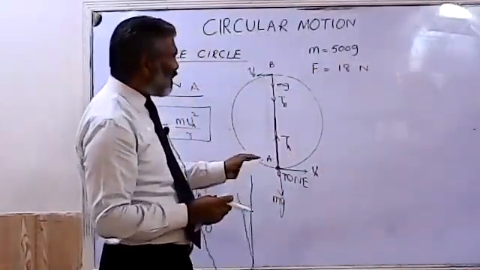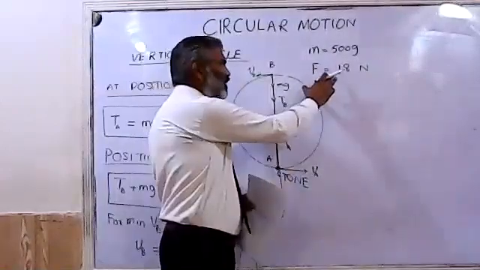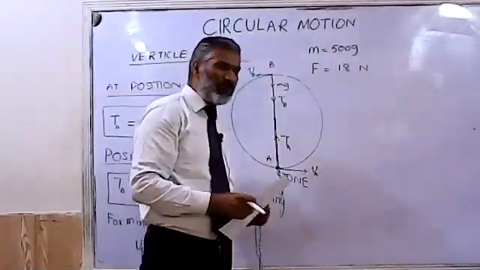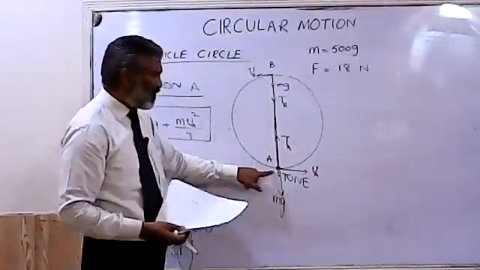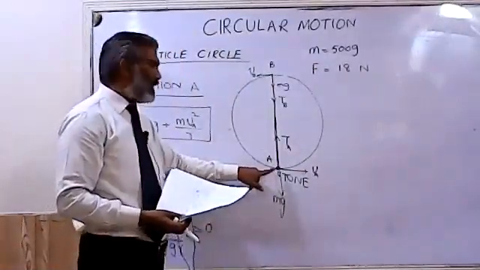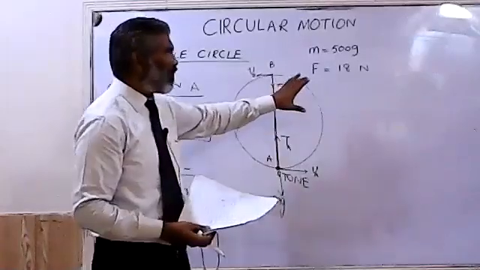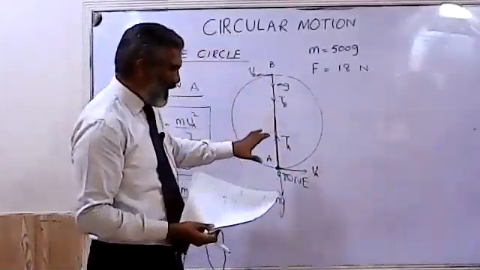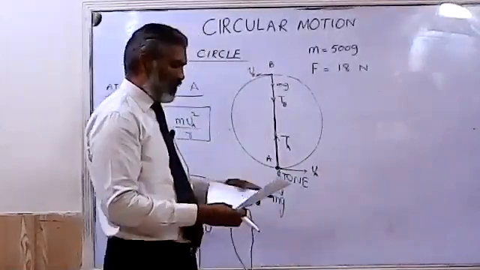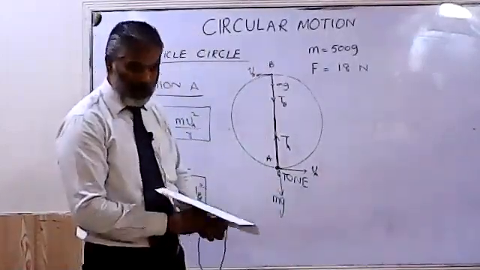So first thing we can guess is that 18 Newton is the maximum force which must be provided by the glue at this position, and at all other positions this required force will be less than it. So the chances of snapping is at this position if it snaps at all.